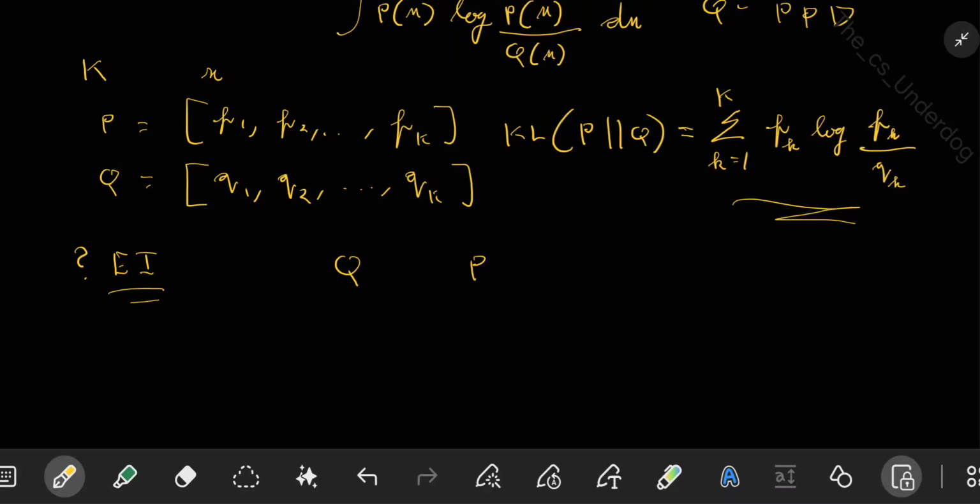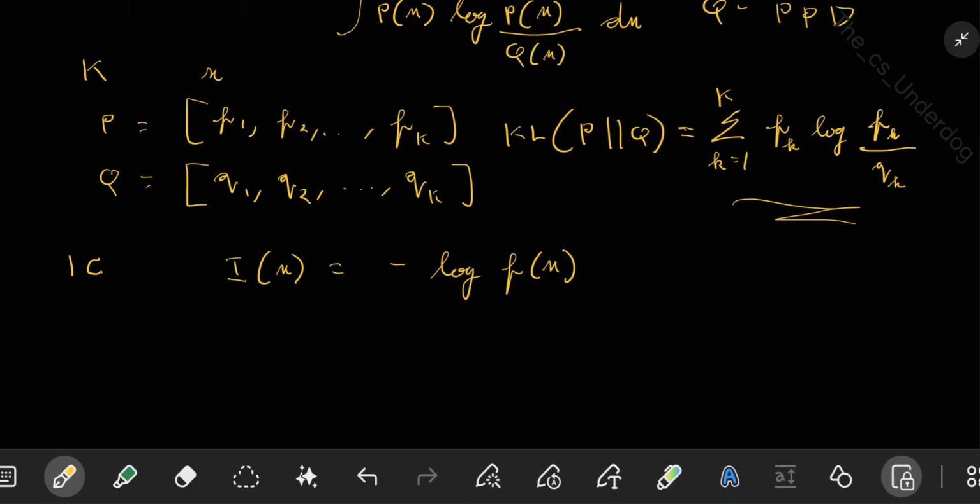First thing you want to understand here is the concept of information content. Information content can be measured by using a very simple formula. I of x, as you will call it, is minus log P of x. So let's discuss how minus log P of x is a logical mathematical formula for information content.